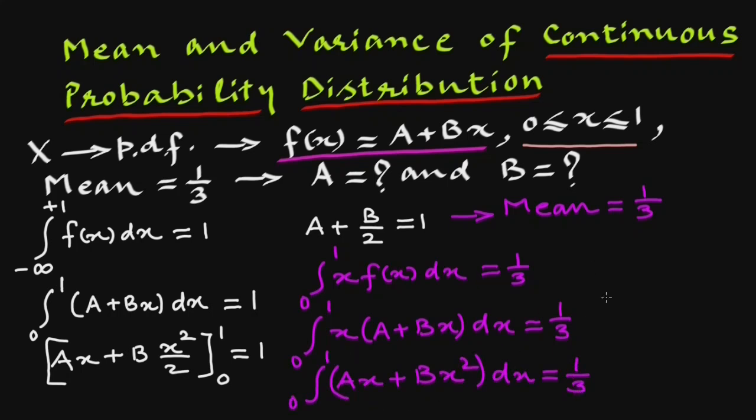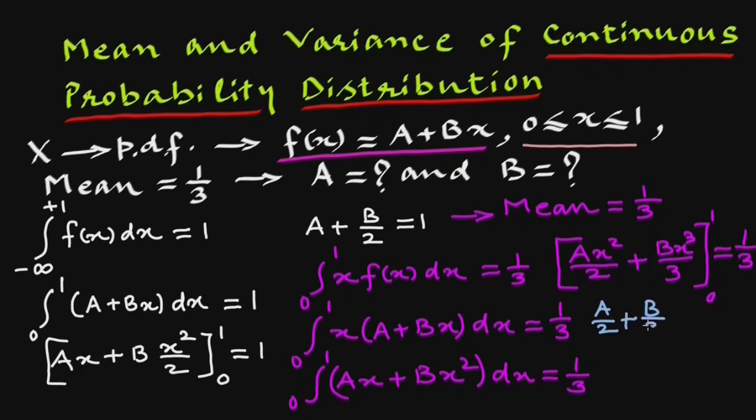After taking the integral, ax square upon 2 plus bx cube upon 3 from 0 to 1 equals 1 upon 3. a upon 2 into 1 square will be a upon 2, plus b upon 3 into 1 cube will be b upon 3, which equals 1 upon 3. Multiplying throughout by 6, which is the LCM of 2 and 3, we get 3a plus 2b equals 2.